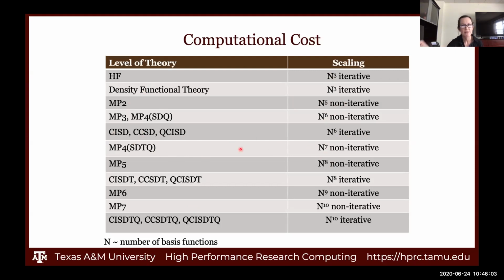There's a single step at the end that's about n to the 7th, not iterative, sorry. So you can see this is why you don't see things like CISDT and CISDTQ in the literature, because it's n to the 10th iterative. So you really can only apply it to very small systems.